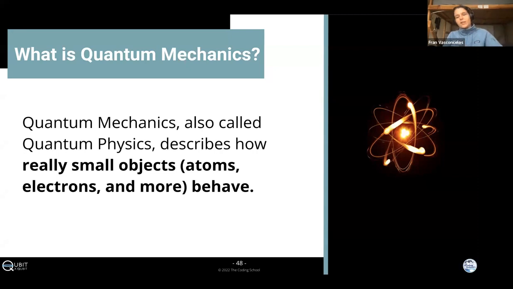And of course, there are more advanced theories of physics, which have theories for what lies below those, but those we think of as fundamental particles, really small entities. So small, of course, that we can't see them with our eyes. We have some really fancy devices which we can use to image electrons and things like that. But just think of these as really small entities and quantum mechanics as the theory that describes the properties of these really small entities.